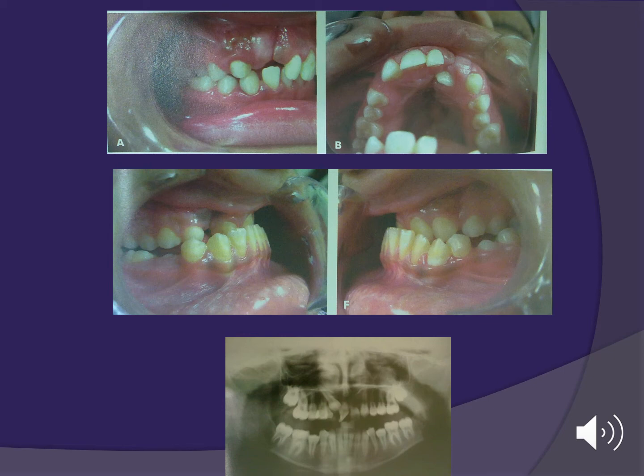From the OPG, we can see that there is absence of some teeth, and there is a canine which is not in a normal position, and it has become ectopic.